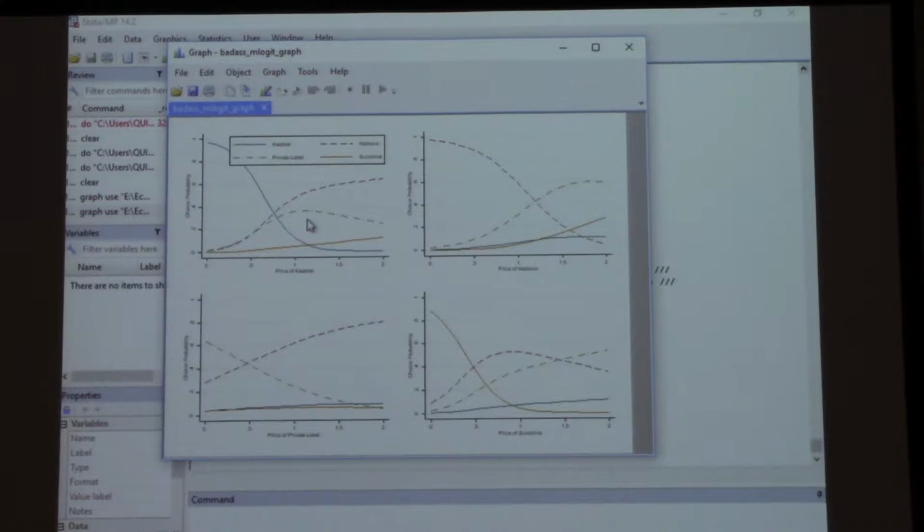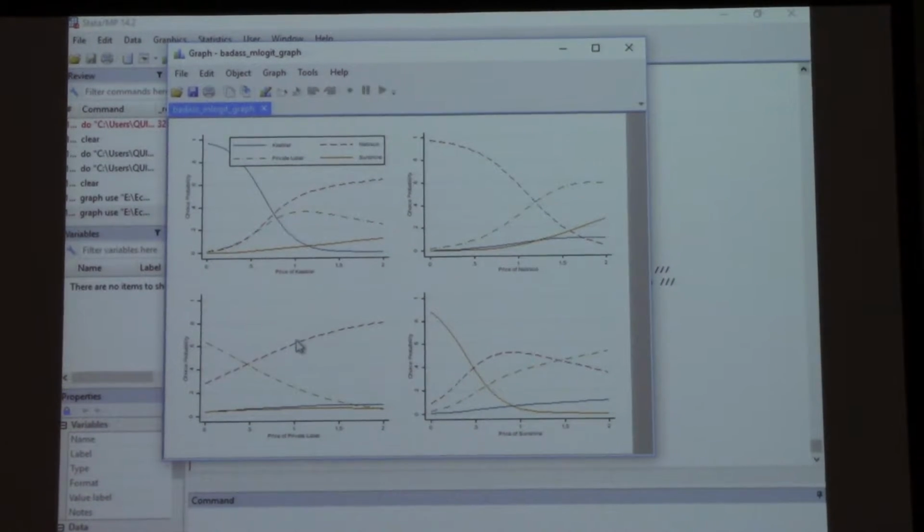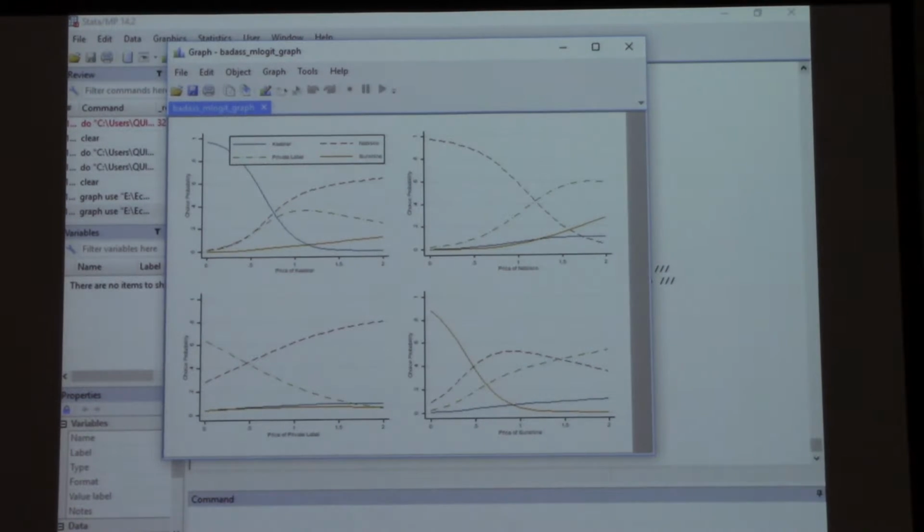Then I want to run 4 margins that represent this graph. And then so I got to combine these 4 margins. Then I want to run 4 margins, combine them into one file. So this is going to be one file of 4 margins, and this one. But again, these 4 margins are all run across the price of Keebler.